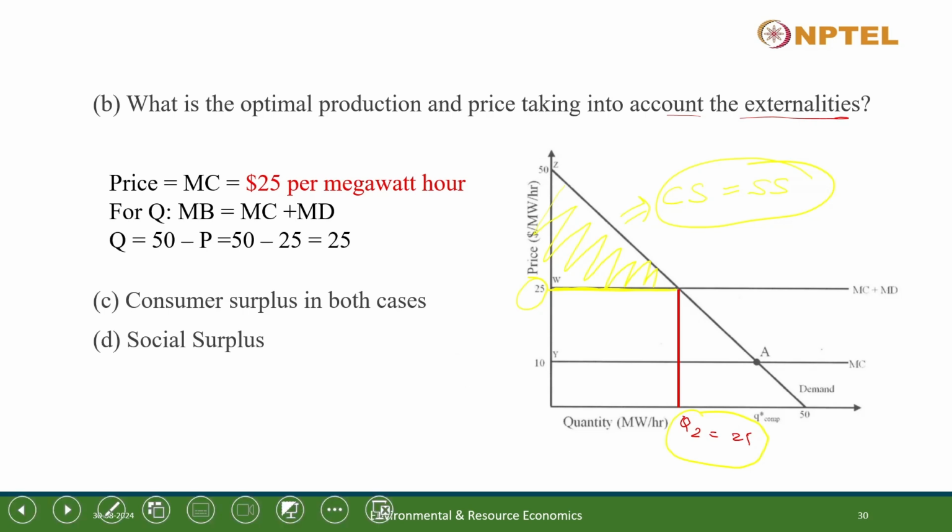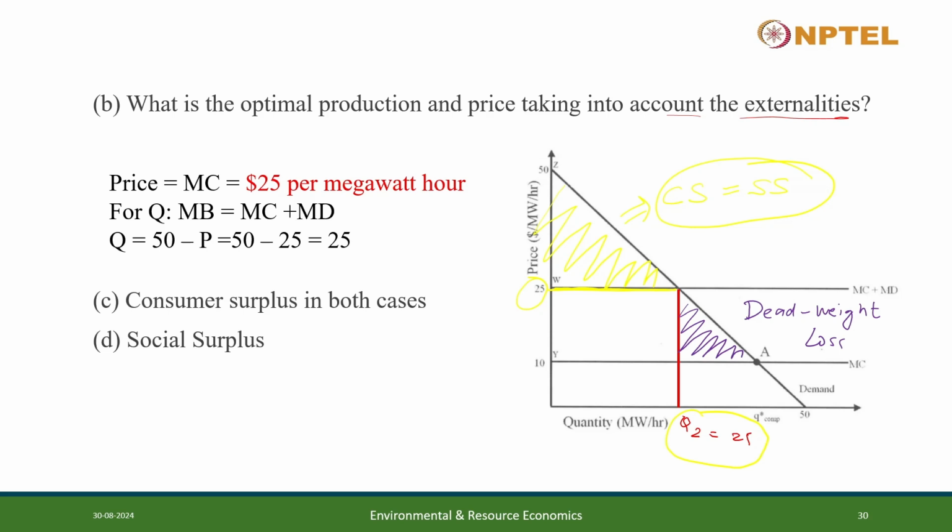Yes, ma'am. Okay. Now I will tell you a concept which is known as deadweight loss. So this area will be the deadweight loss. Deadweight loss is the area which the society is losing, or which the society has to incur as cost when the externality is not included in the taxation or in the profit maximization.